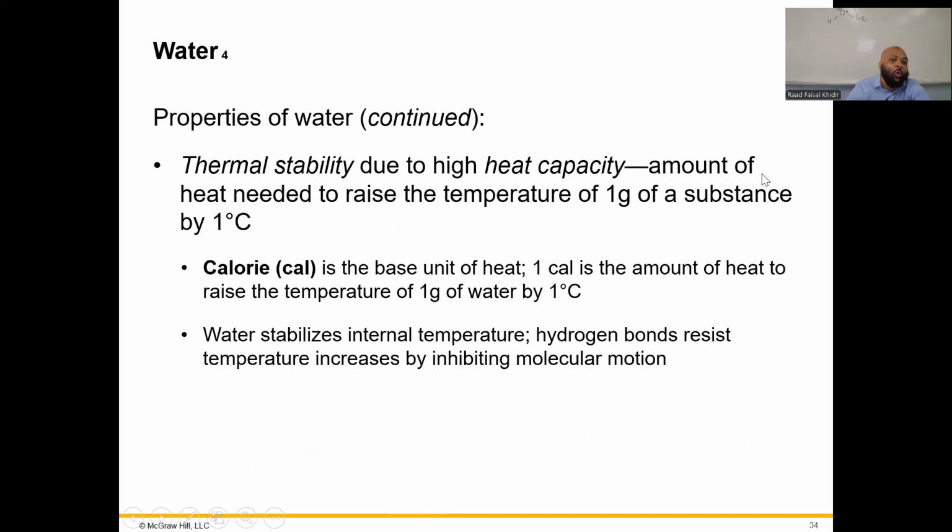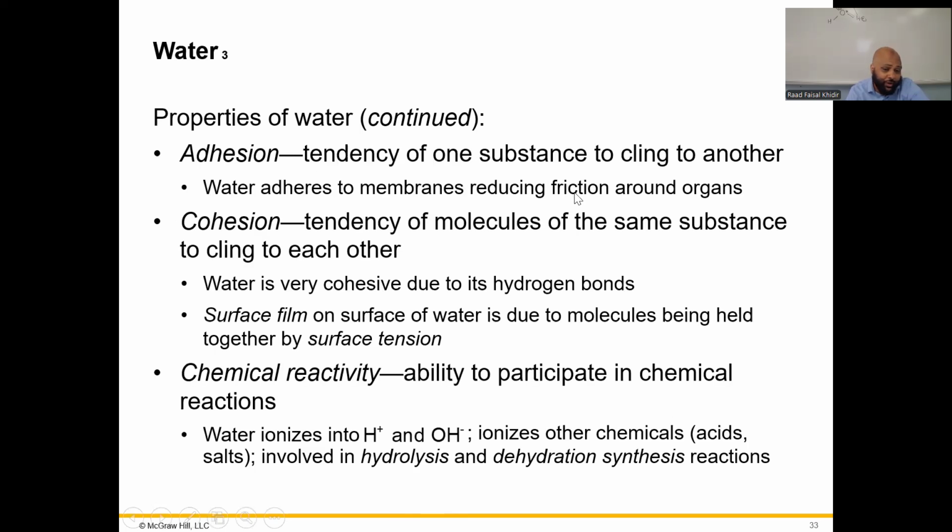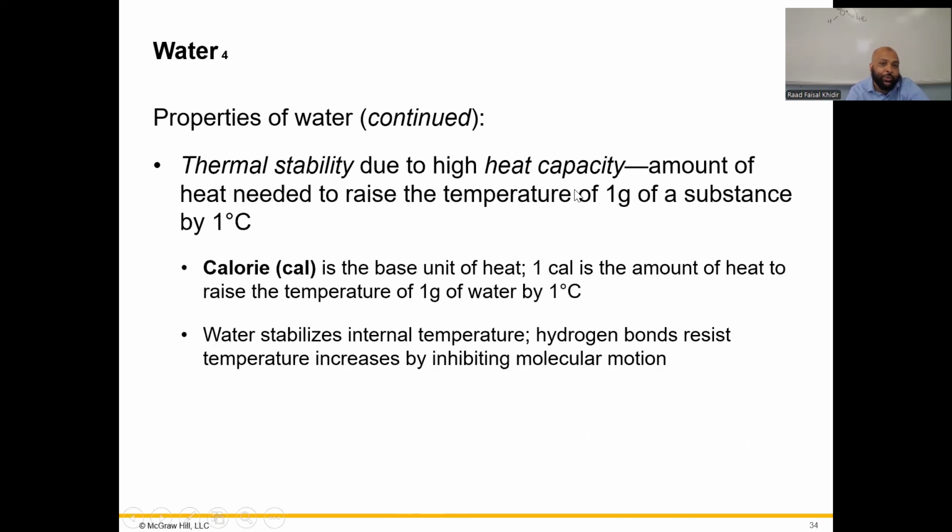We said that. Where do we really utilize water? We use it when we sweat. When we're sweating, we use water's high specific heat capacity to take on the heat of the sun on our behalf.